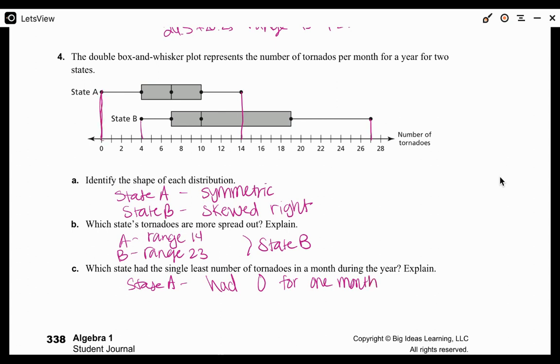Remember, that's the smallest value and the largest value. So one state was 0. And state B had 4 in one month, which was the lowest for that state. So state A is the one that had the lowest amount of tornadoes.